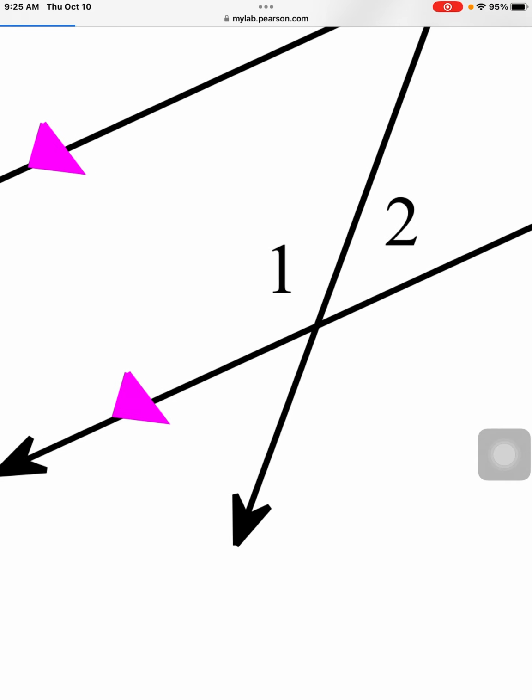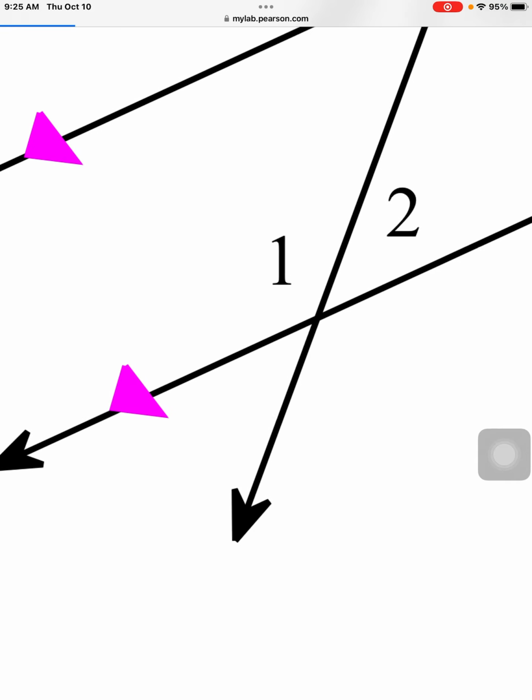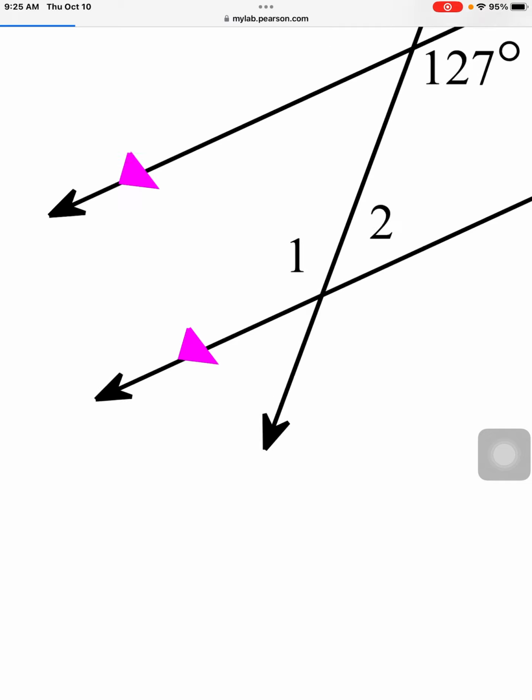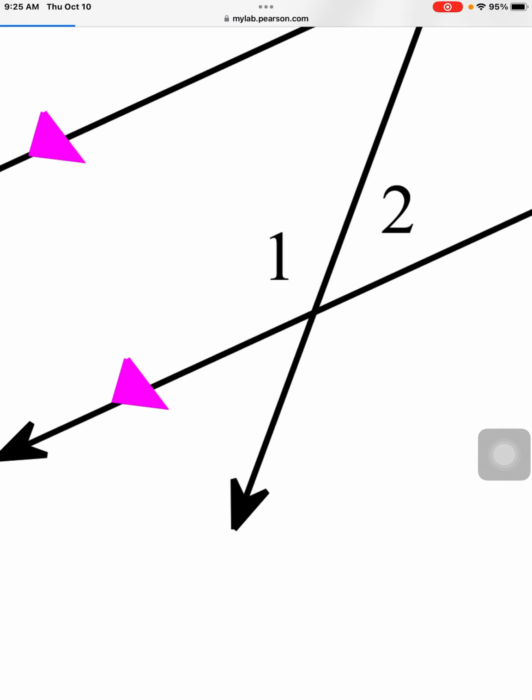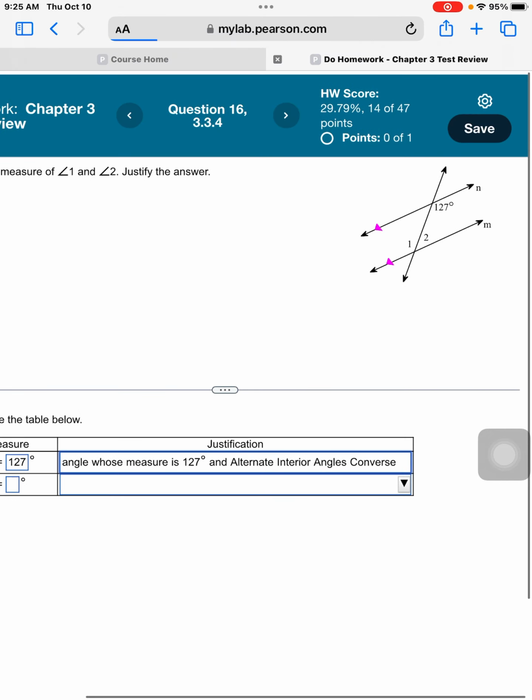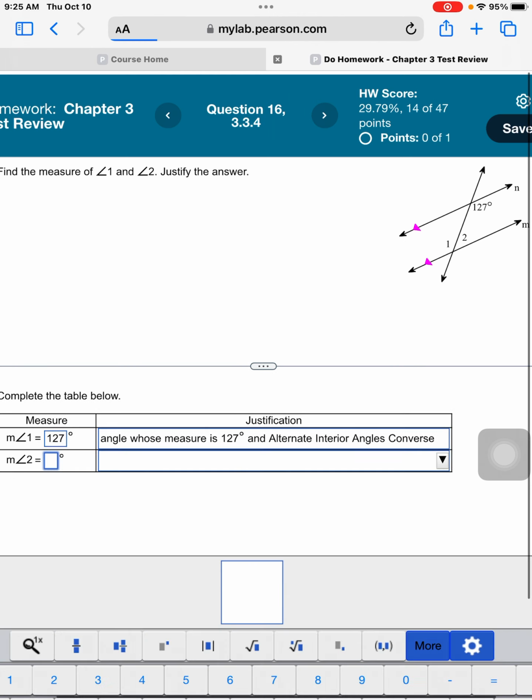Just like if I did the measure of angle 1 and the linear pair theorem, it would have been 180 minus the measure of this angle 1. So either way, it's going to be one or the other. So that's going to be 53, I think, right? 3 and 5, yeah.